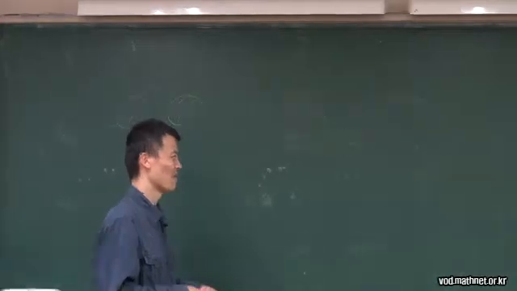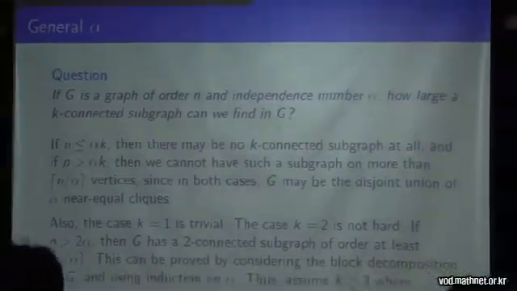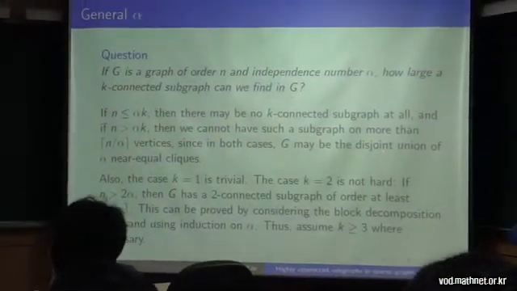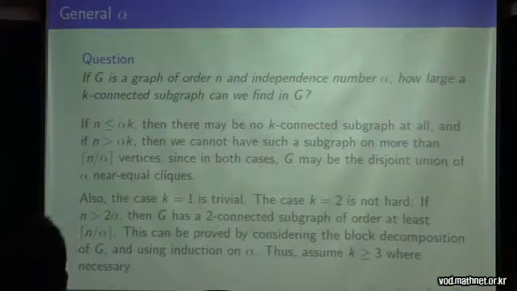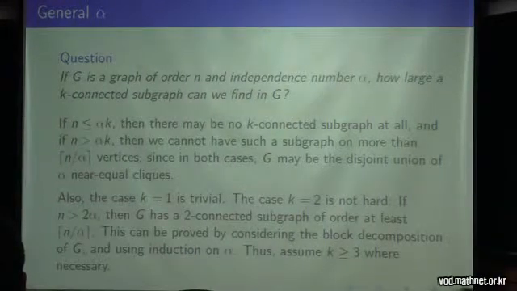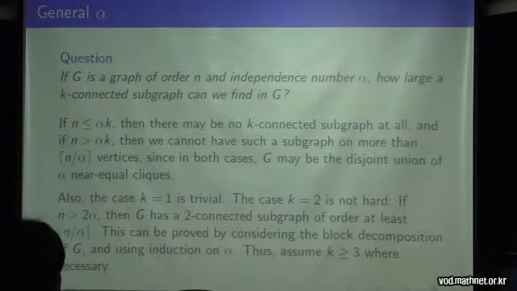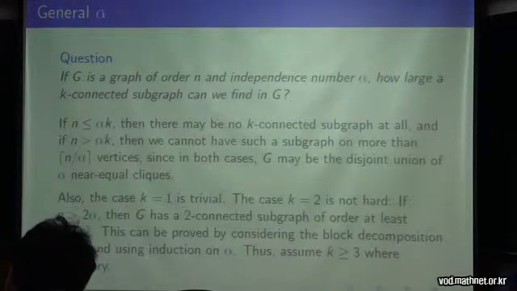And then some more observations. k equals 1 is trivial because you can just take the largest connected component in the graph; there are at most alpha components. And k equals 2 is not too difficult. We can prove that by considering the block decomposition of the graph, removing an end block and applying induction on alpha.